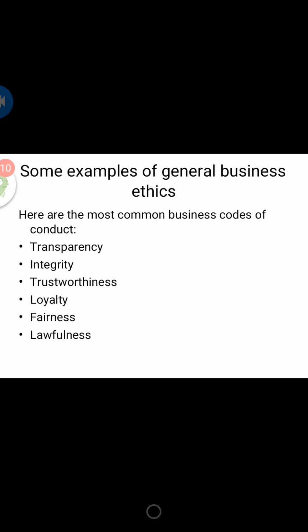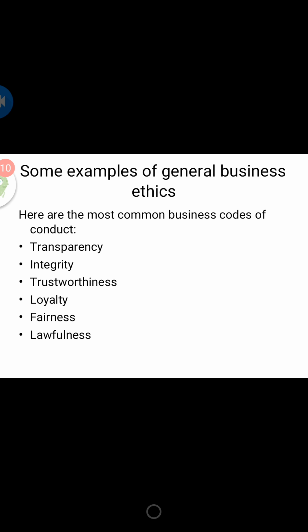The next is loyalty. Loyalty allows a business to make decisions benefiting its relations and overcome the influence of outside conflicting interests. The next is fairness. Fairness is nothing but treating people equally and justly.